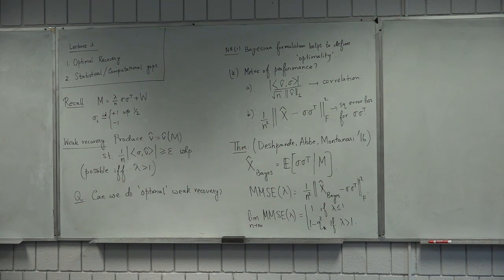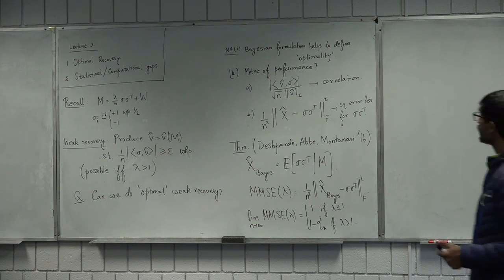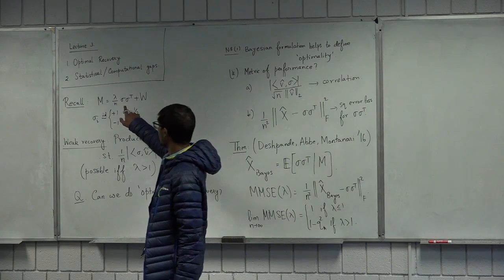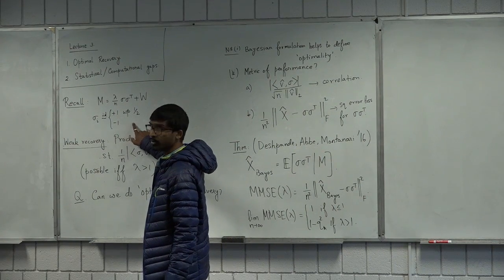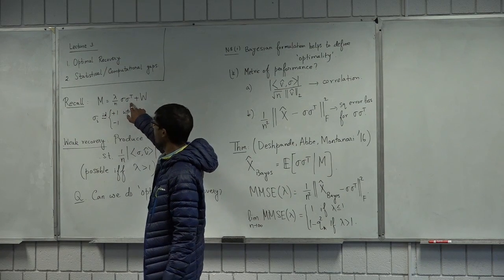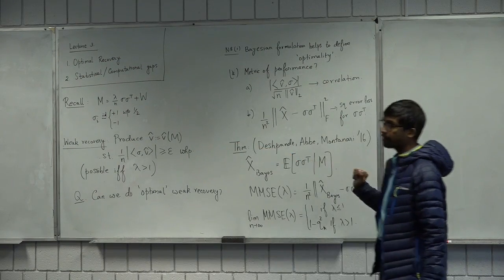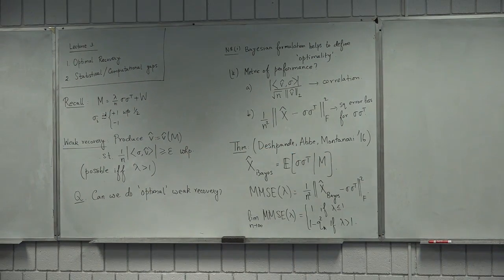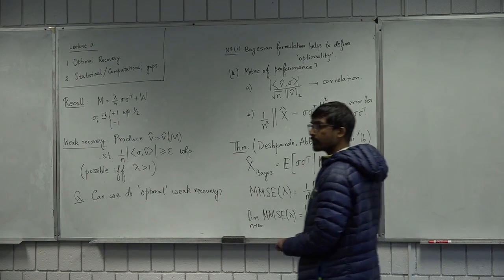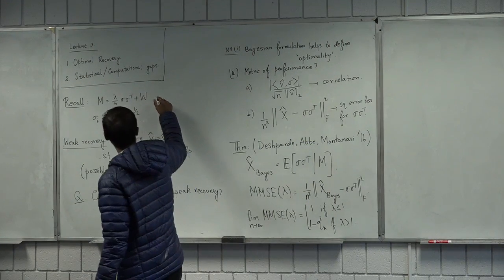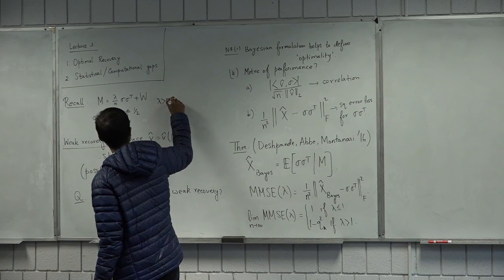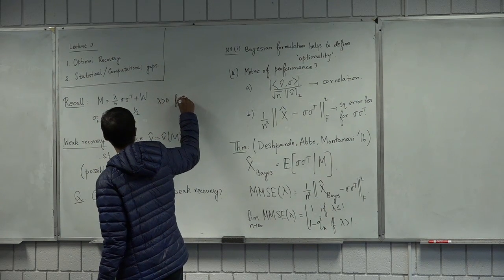So in your basic formulation, do you put a uniform prior on all possible signals? So sigma has this distribution: the coordinates of sigma are +1 or -1 with probability half. That's my prior on the signal. Do you assume that lambda is known in the basic formulation? Yes, lambda is a fixed constant that's positive, known, and independent of n.